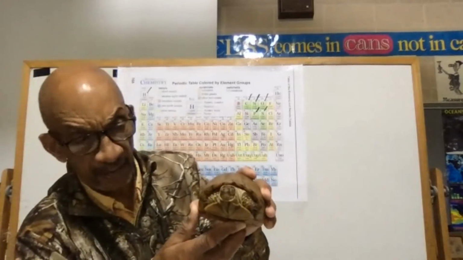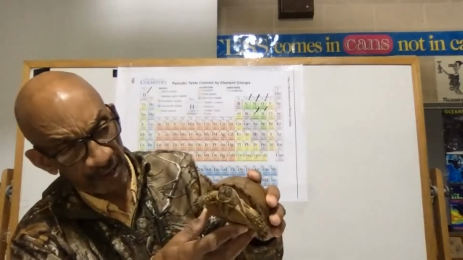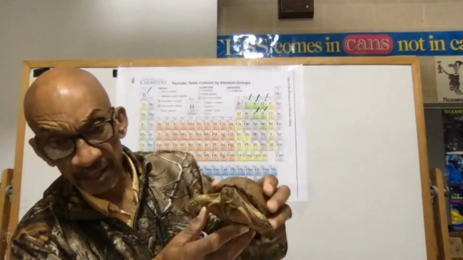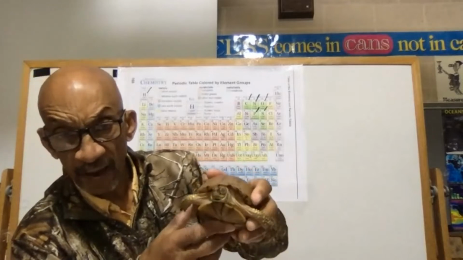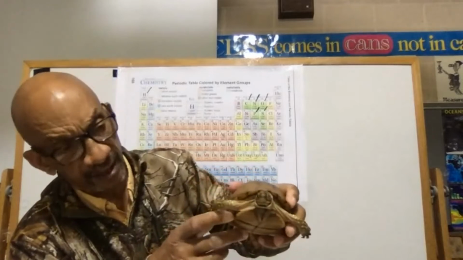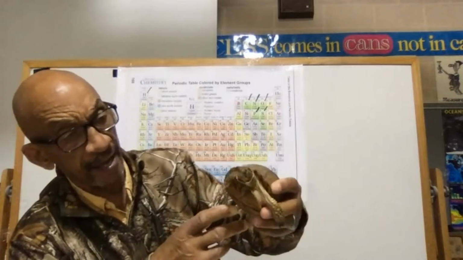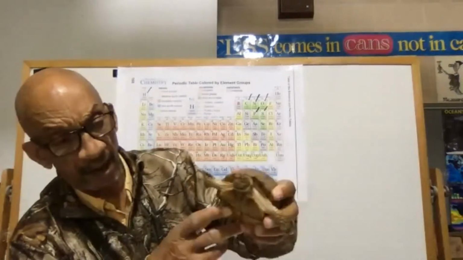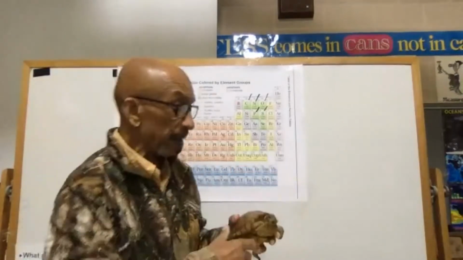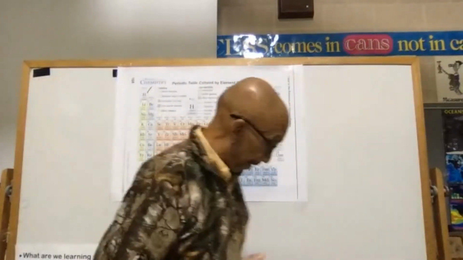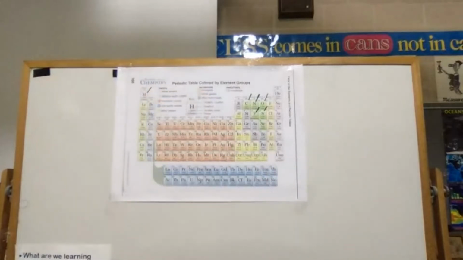It is a female, and her name is Teresa. You can see that right now she's moving around and pretty active, and that's because she's in captivity. If she was out in nature right now, she would be in hibernation. Now, I want you to remember what animals I'm showing you, because I'm going to come back and ask you a question about them. I have one more animal I want to show you.